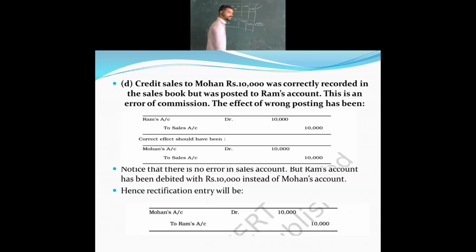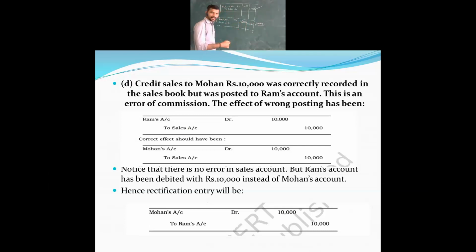Now for this correction, what you can do is shift that amount from this account to this account. Shift you have to make. Take back this amount. Yes, Ram's account, sales. Now, this person you have paid this amount, 10,000 rupees.